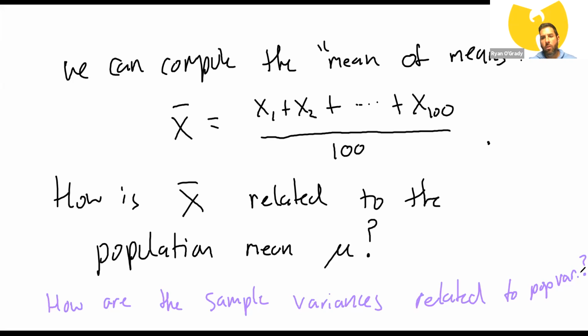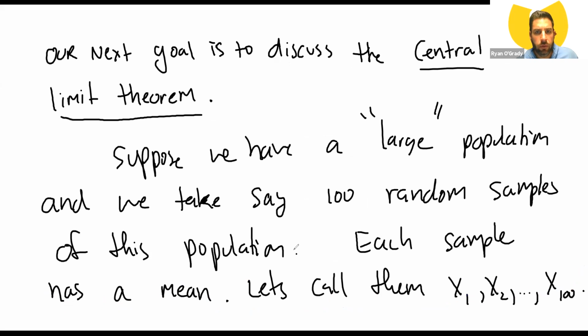Okay, we have about a minute left, so we don't want to get too involved with this, but there are some theoretical tools that give us information about this, and as I alluded to, it's called the central limit theorem.